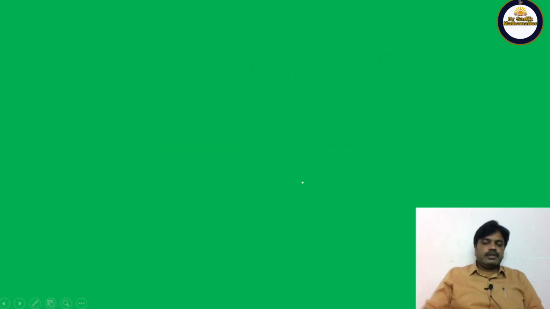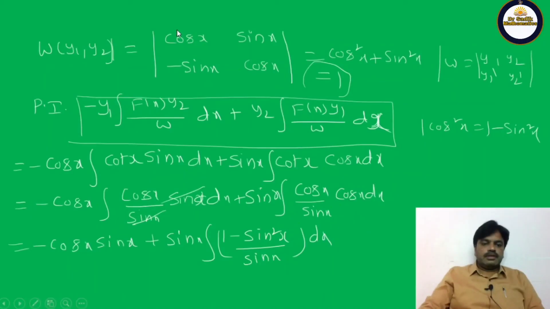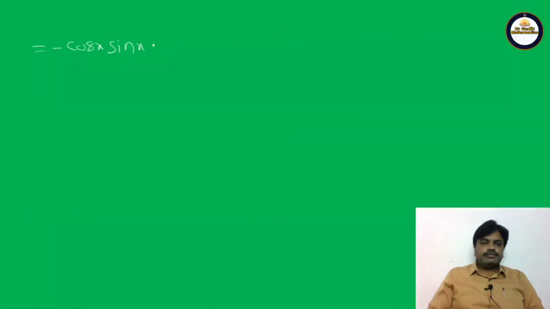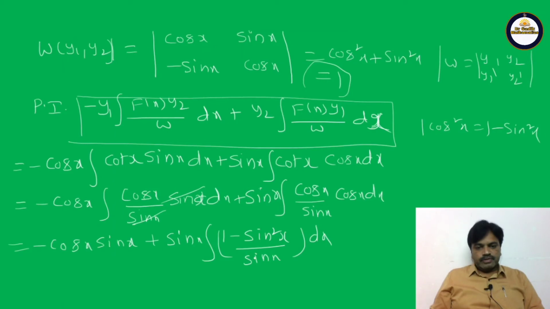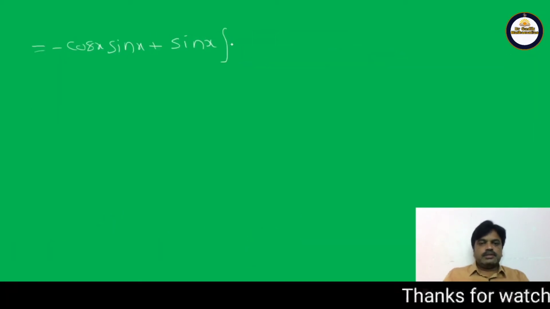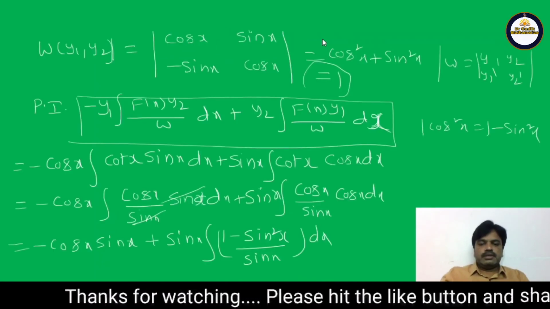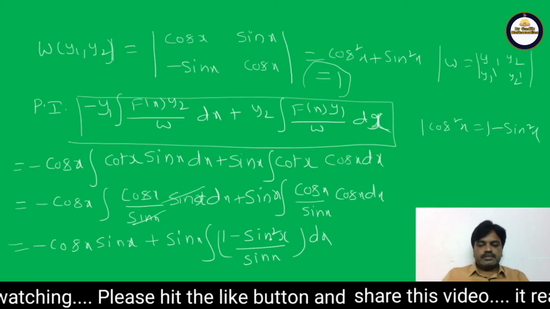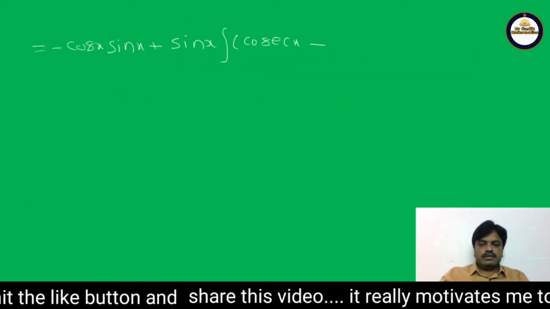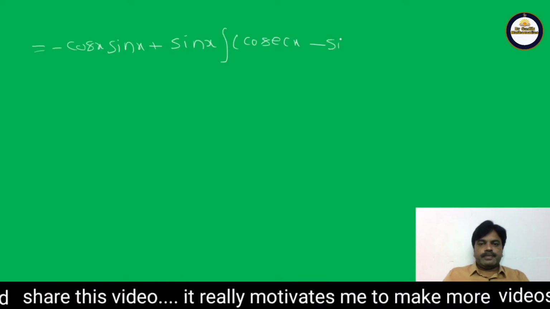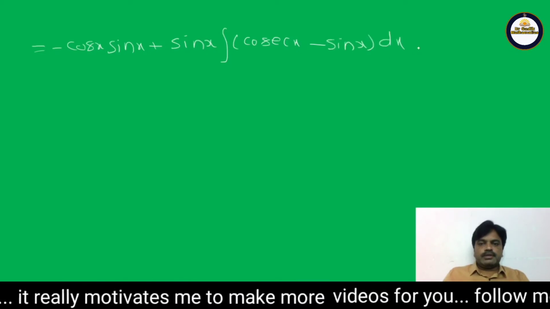Next line, minus cos x sin x plus sin x integral of, separate the terms here: 1 by sin x means cosecant x, minus sin square x by sin x, so we get sin x, dx.